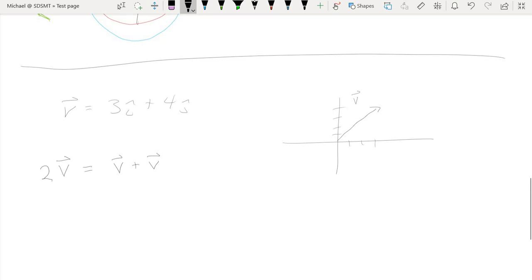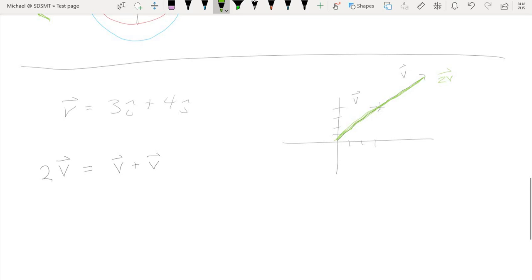And so if I took vector V and I added it to itself, well, V plus V is 2V, so I now have a resultant vector that has a length of 2V. So we have a resultant vector of 2V.